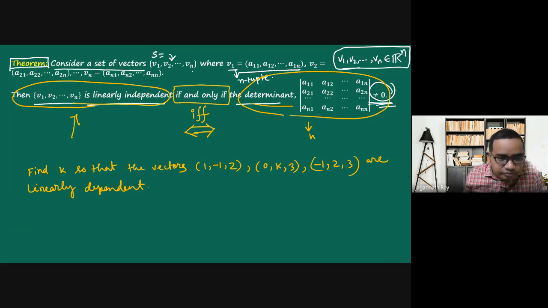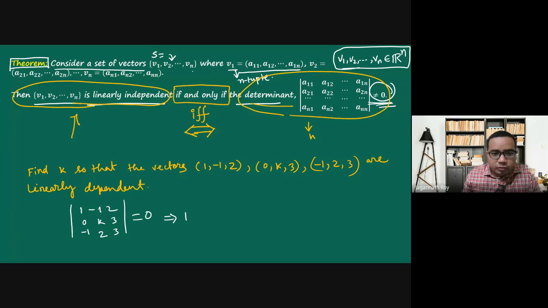So we have to take the determinant with rows 1, -1, 2; 0, k, 3; and -1, 2, 3, and set it equal to 0. Expanding, this gives 1 into (3k minus 6), minus 0, plus (-1) into (-3 minus 2k), which is 0.